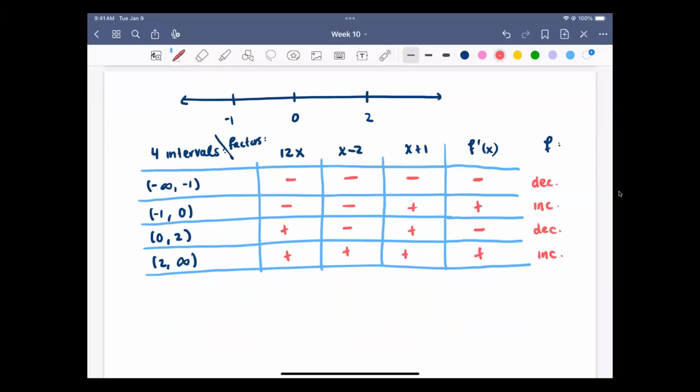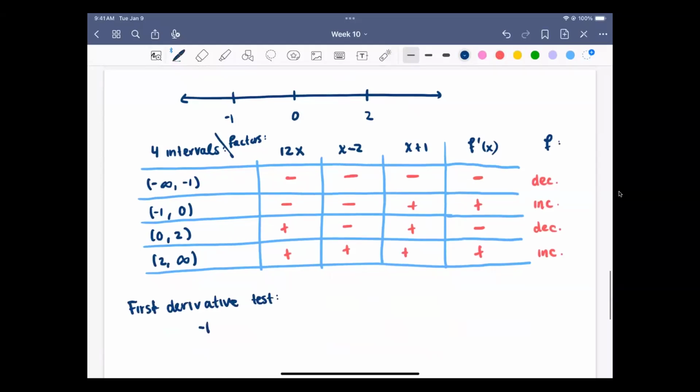So let me write first derivative test. So we get that -1, this is a local min. What about at 0?